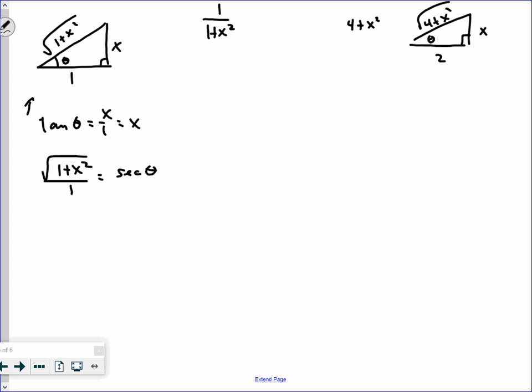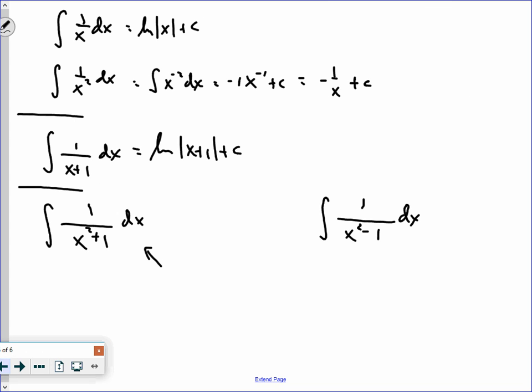So if you just squared all of this, 1 plus x squared is then the secant squared of theta. Okay. Let me go back and make sure I got this. Okay. All right.